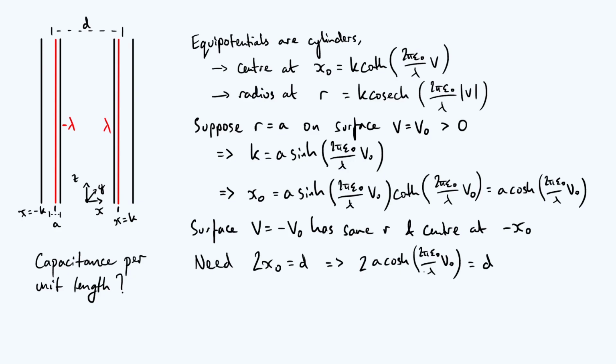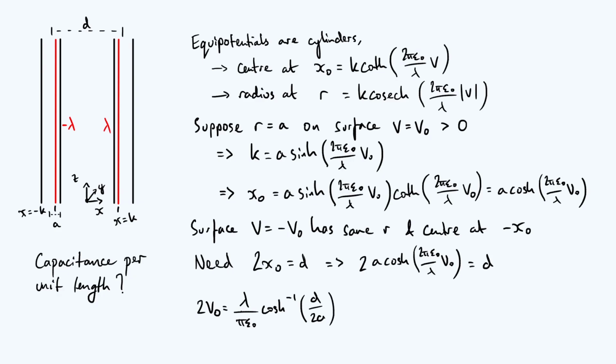I'm going to rearrange this a little bit. I'll explain why I'm doing it this way in a few seconds, but I'm going to write it as 2v naught is equal to lambda over pi epsilon naught inverse cosh of d over 2a. Right, just done some multiplying and dividing and taking the inverse hyperbolic cosine.